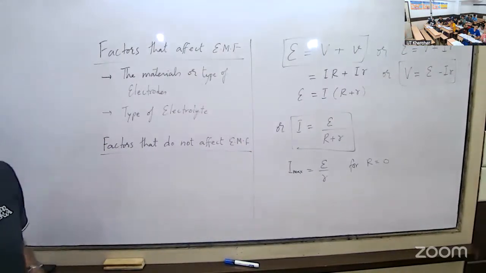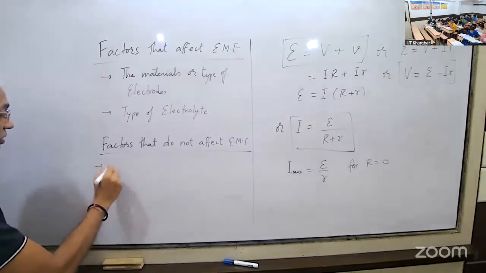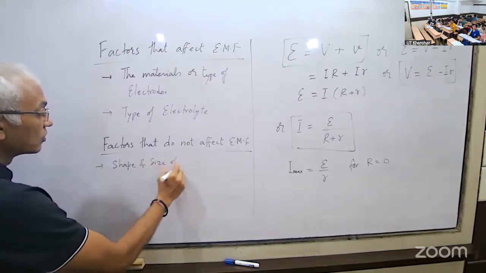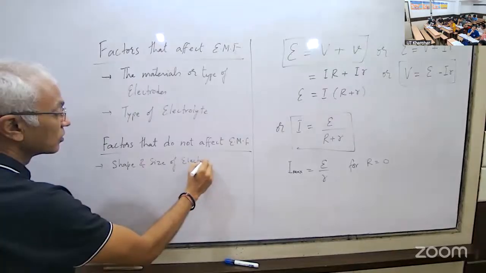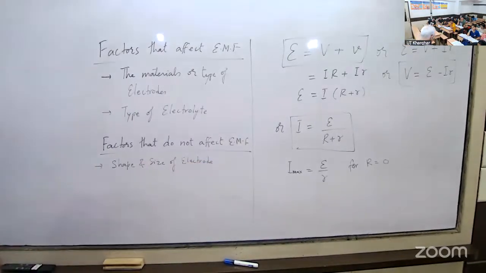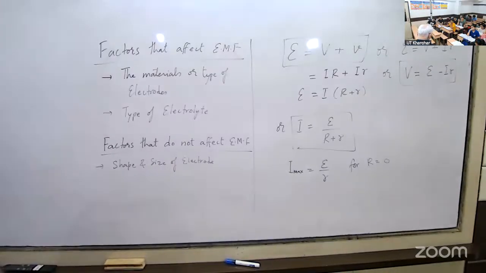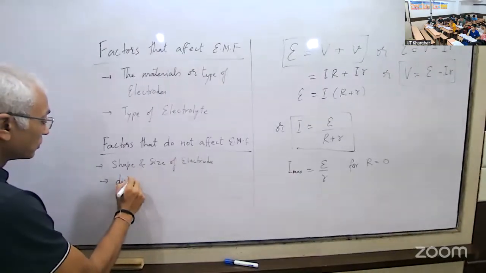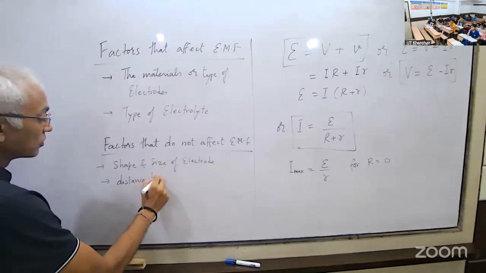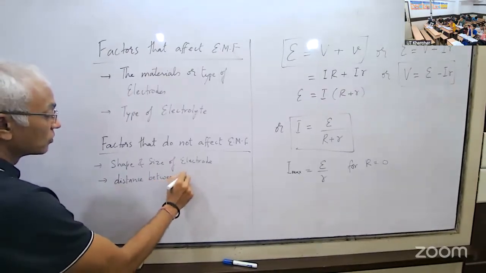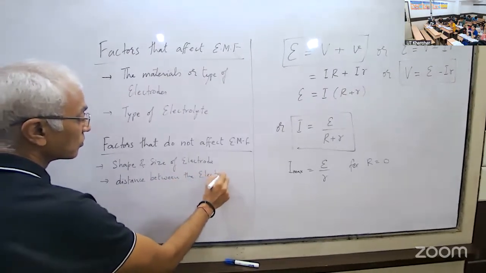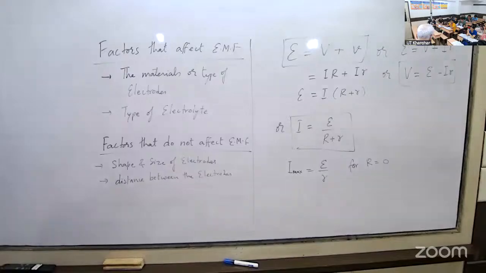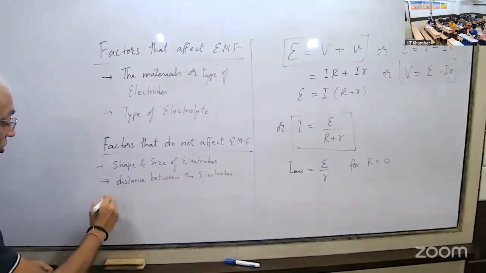Shape and size of electrode, then the distance between the electrodes. It doesn't depend on the amount of electrolyte.